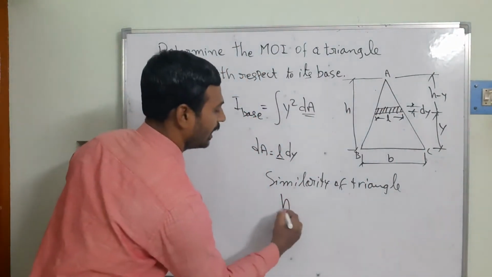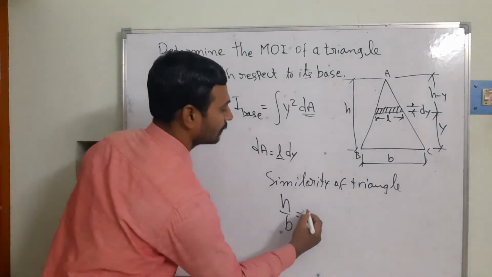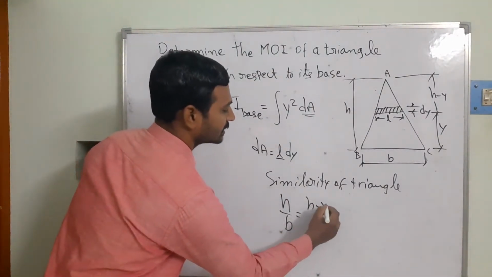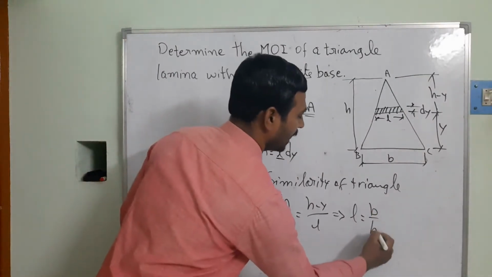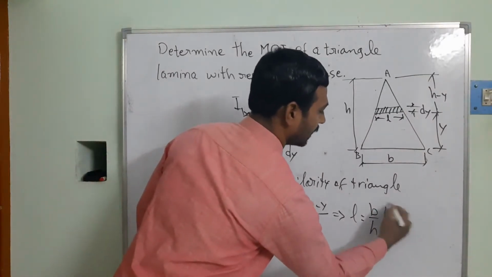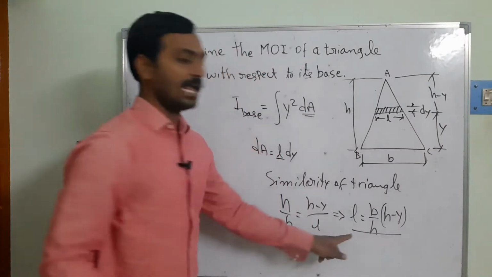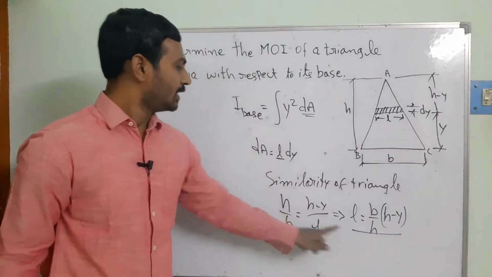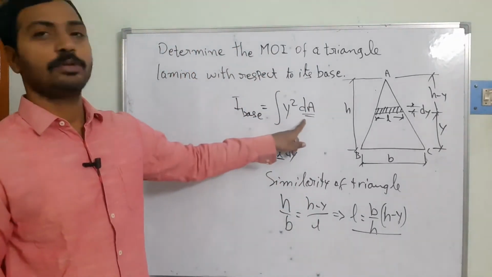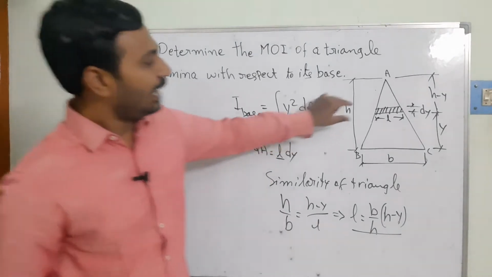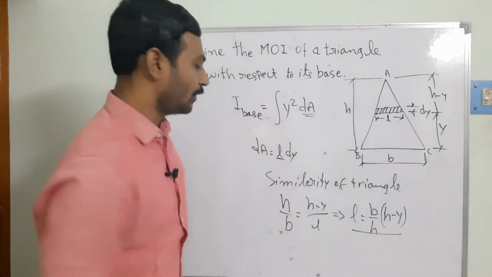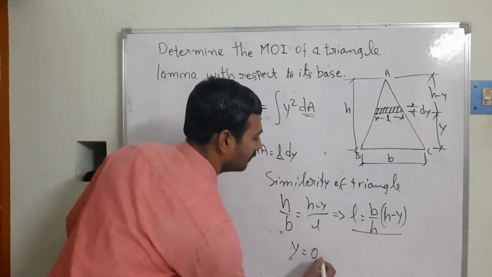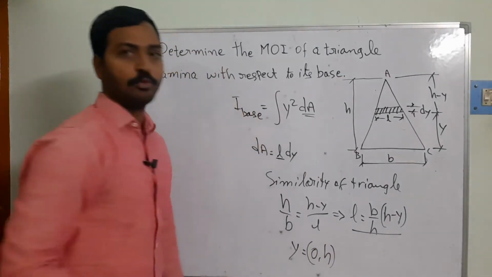So h by b is equal to h minus y by L. Further simplification, L is equal to b by h into h minus y. So I got the L value, and once I have it, I can substitute it here. The elemental strip varies from the base to the top, so y varies from 0 to h. Those are the limits I am considering.